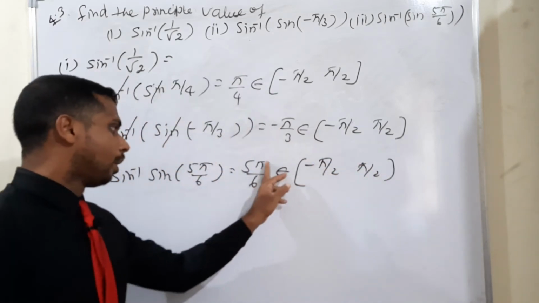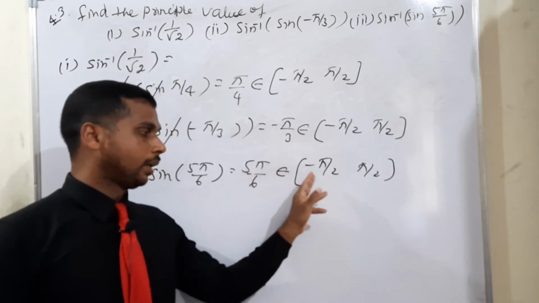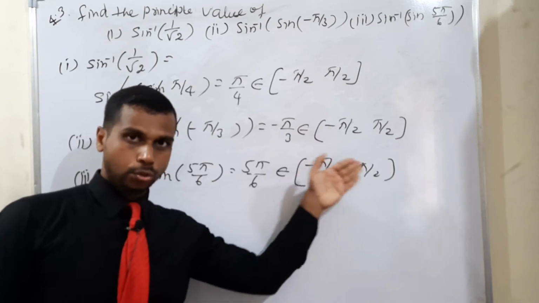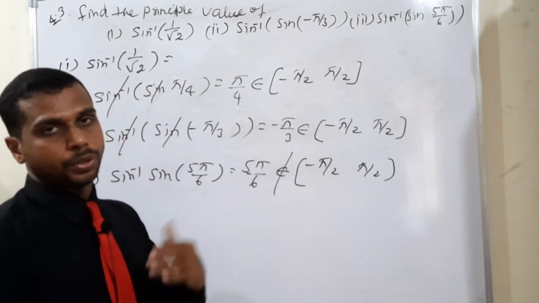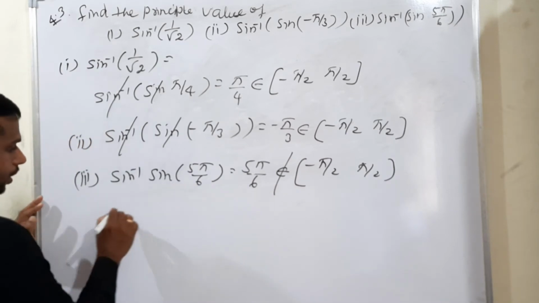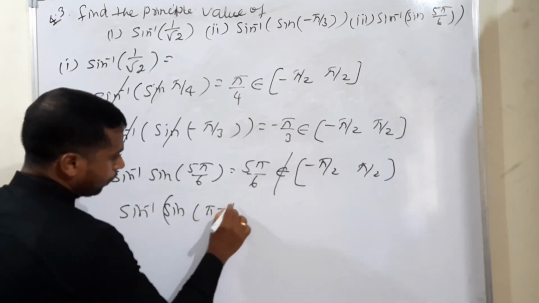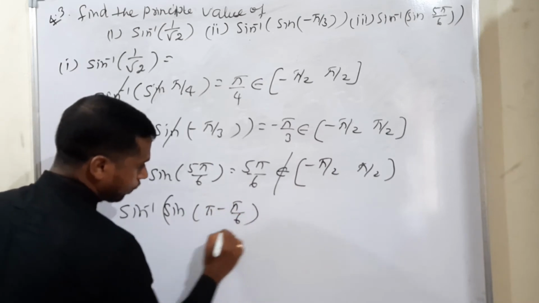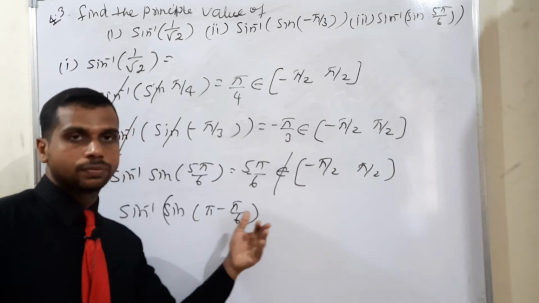So we have to interchange. Interchange means sine inverse of sine of pi minus pi by 6. Pi minus pi by 6 means 6 pi minus pi, which is 5 pi by 6.